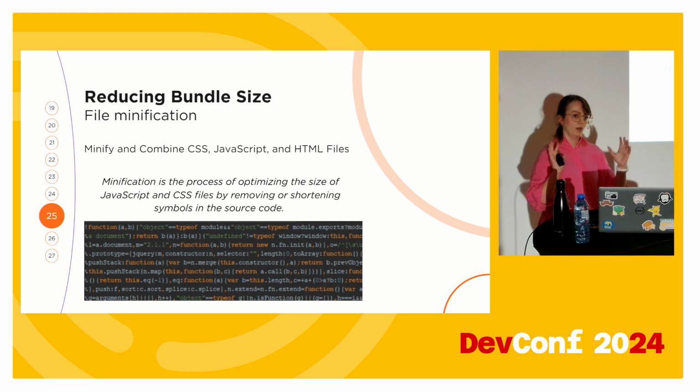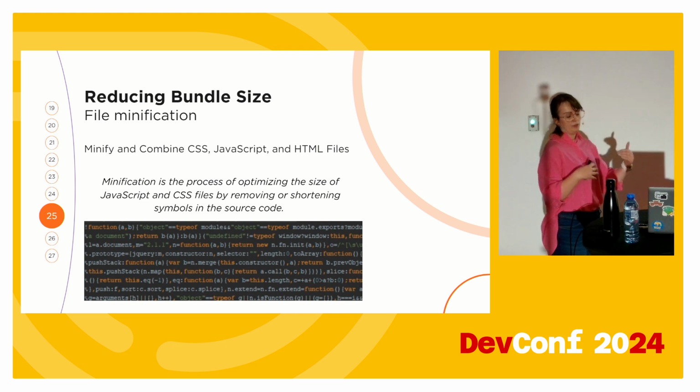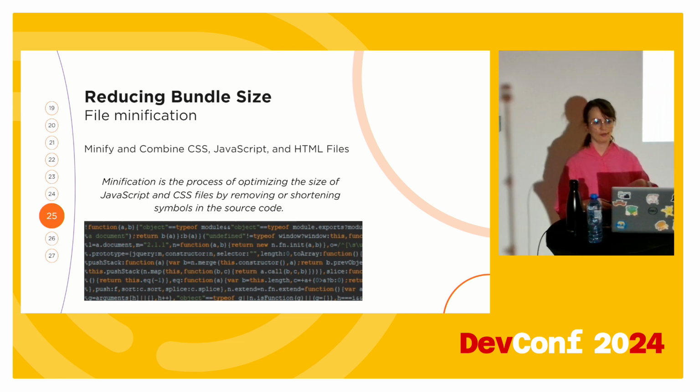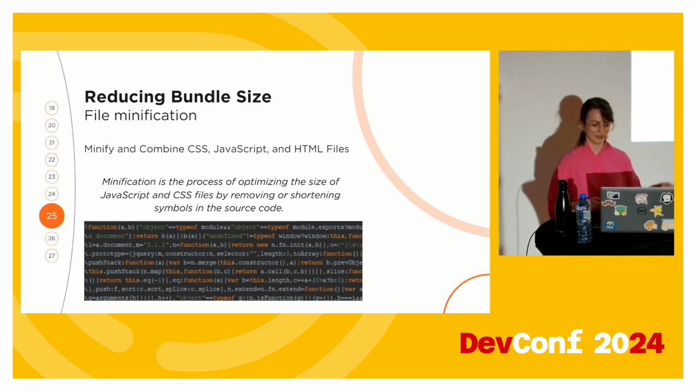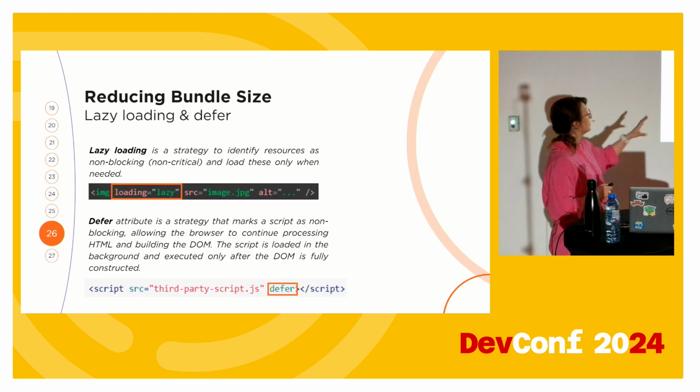So remember about minification and combine your CSS, JavaScript, and HTML files. And please remove unused CSS and all this code. I know that we like all the comments in the code and so on. But these are small things that can improve our bundle size.